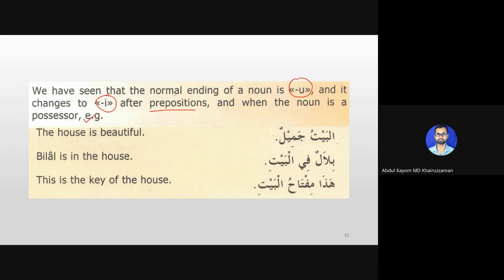For example, al baytu jamilun, the house is beautiful. Then bilalun fil bayti, Bilal is in the house. Hada miftahul bayti, this is possession, key of the house. This kasra is coming for this preposition.